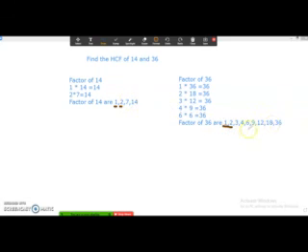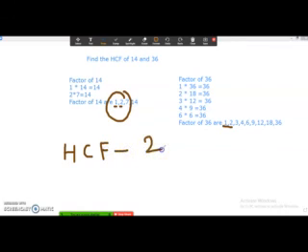Then 7, but there is no 7 in the factors of 36. 14, no 14 is there. That means the common factors are 1 and 2. And among 1 and 2, the greatest factor is 2. The highest factor is 2. So our HCF of 14 and 36 is 2.